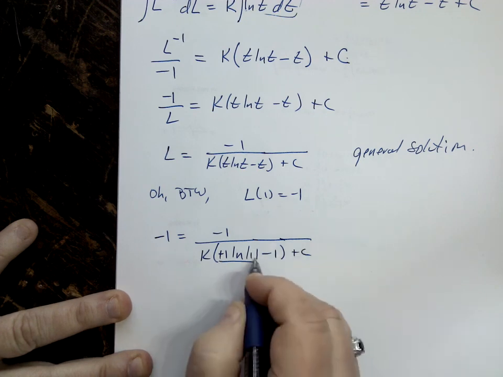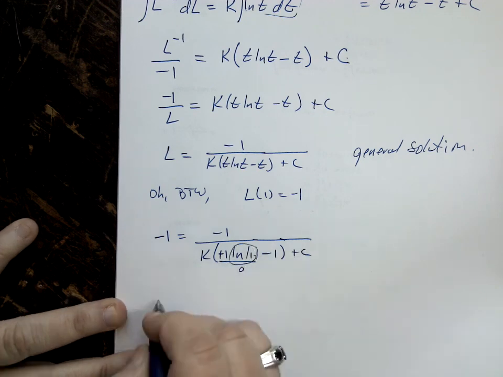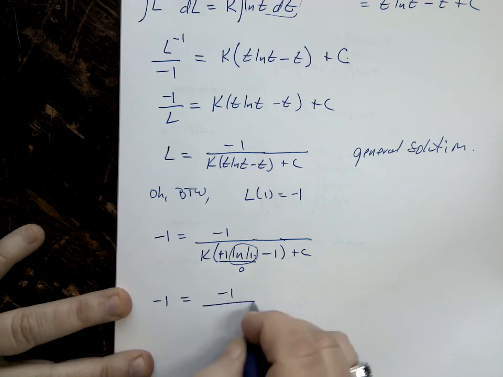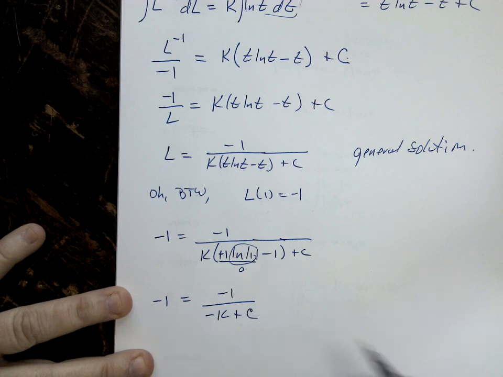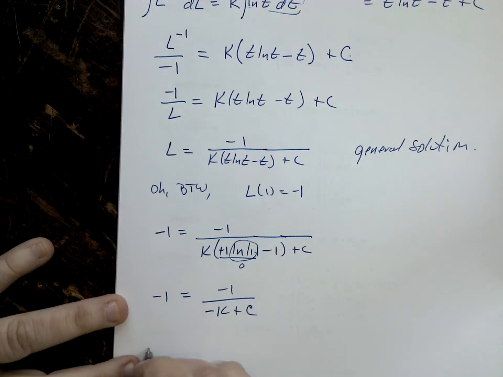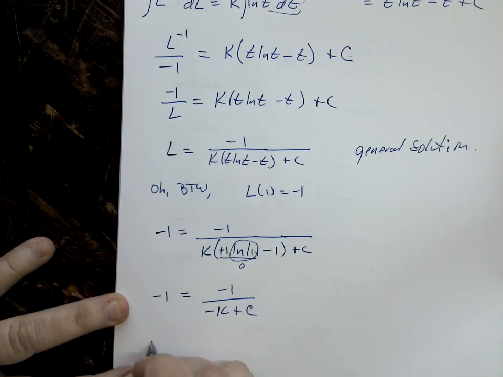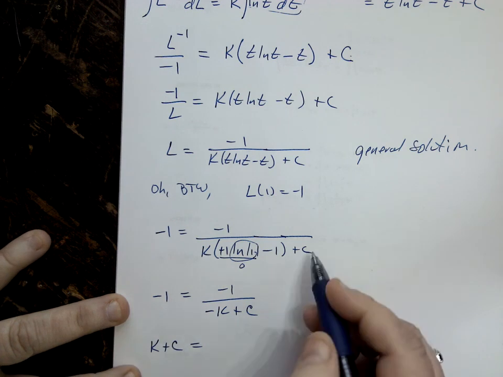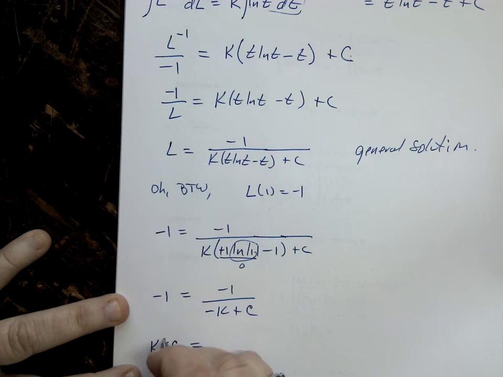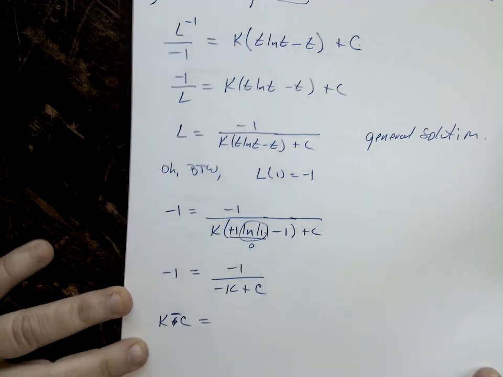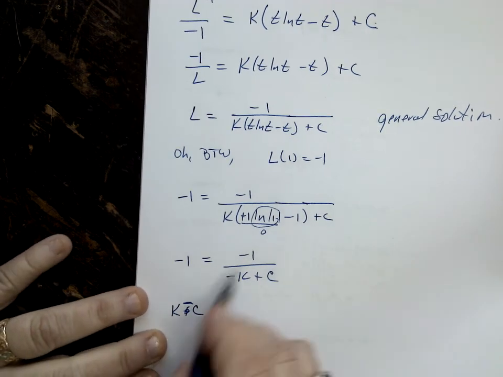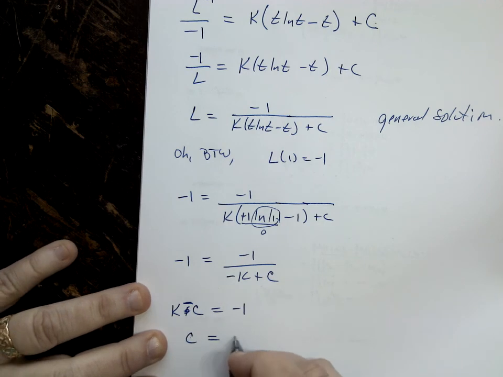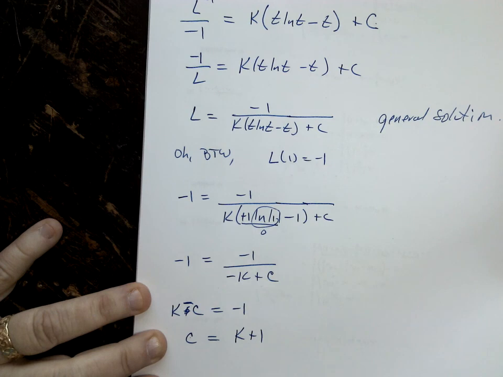Now the natural log of 1 is 0, so I have negative 1 equals negative 1 over negative k plus c. So cross multiplying, I get negative k minus c, since I'm actually solving here, equals negative 1, so c is equal to k plus 1.